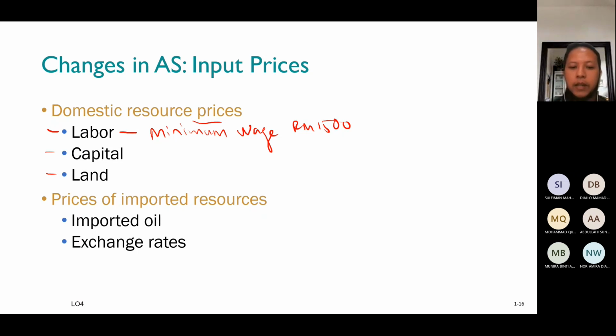But the counter argument is that actually when people have more income, they can raise their well-being. And when their well-being is increased, that will also influence the development of the country, right? And when you look at why inflation happens, it is actually because of businesses making exuberant profits.